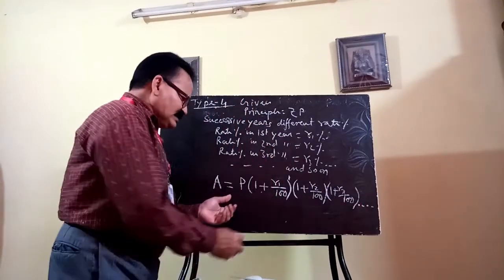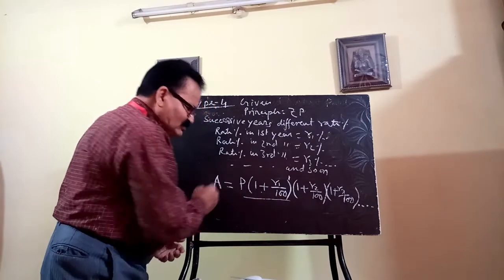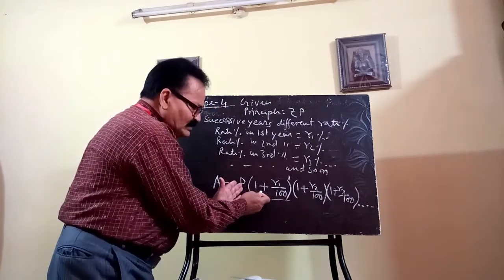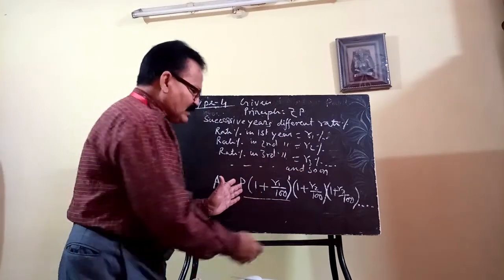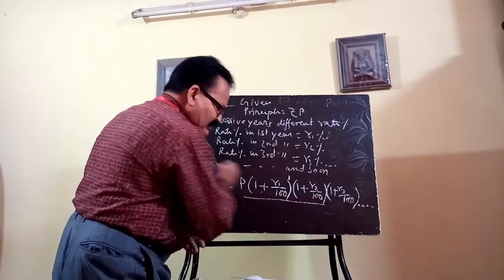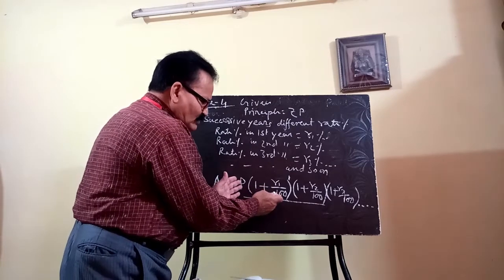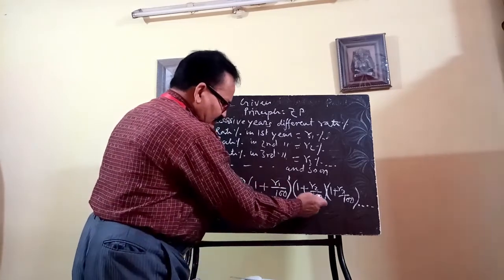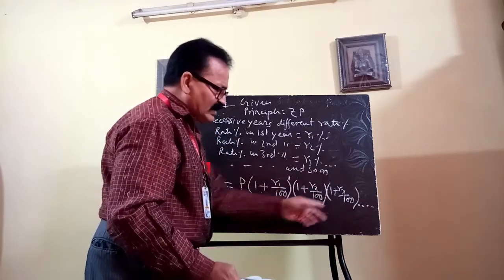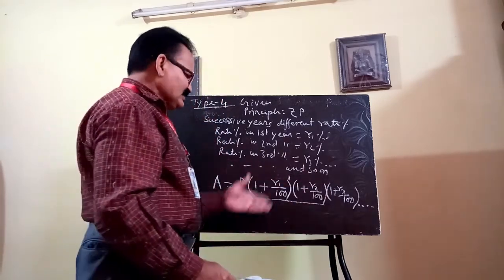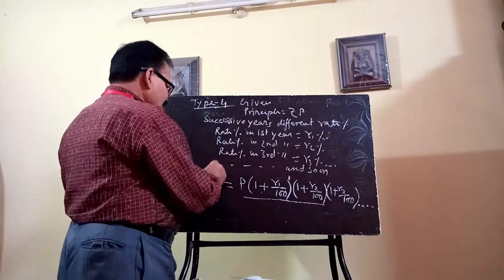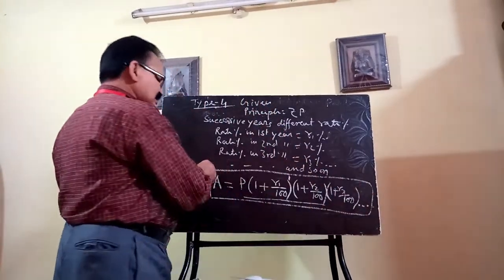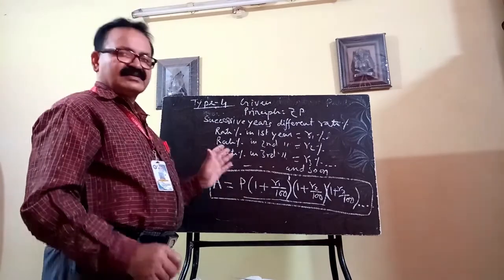In every stage, this much will be the amount at the end of first year. So this amount will be the principal for the next year. Then again, this amount will be the principal for the third year, and so on. So this is the final formula of the amount for successive years. Clear?